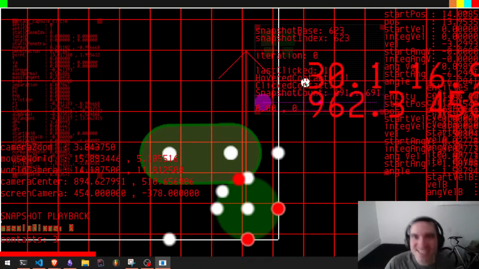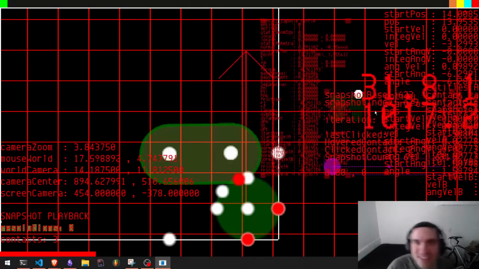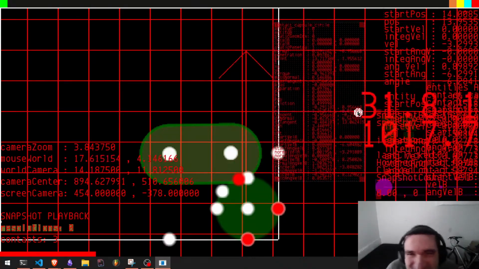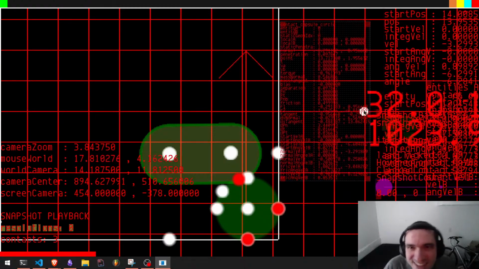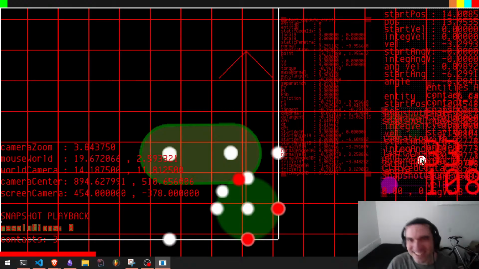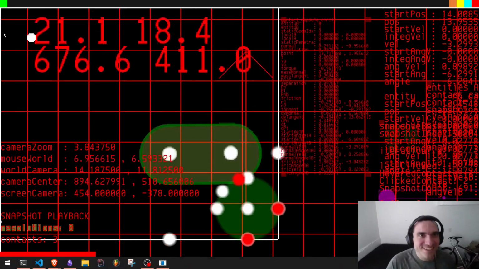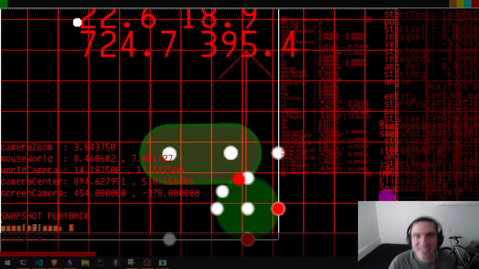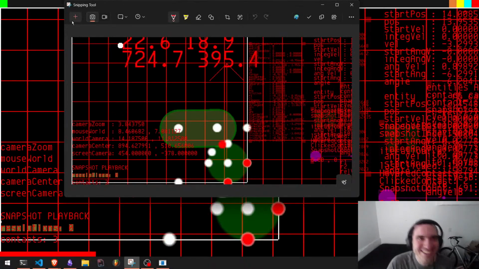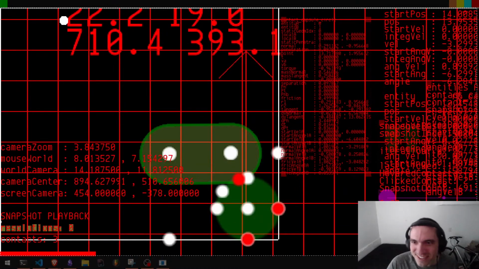I need to organize this. Yeah, I probably should clean up all this stuff. It's kind of hard to see the text, isn't it? Well, we don't need everything. We'll just take a little snapshot. Okay, that should be good now.